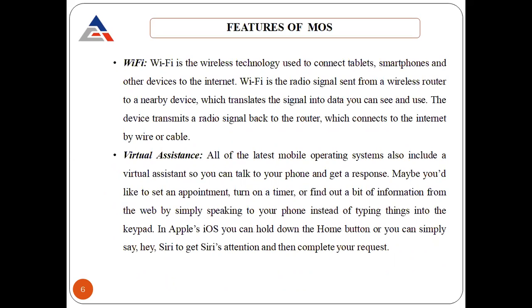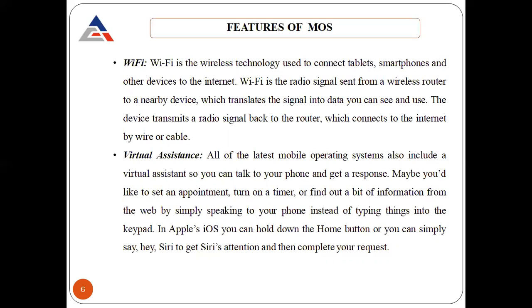Wi-Fi is the wireless technology used to connect tablets, smartphones, and other devices to the internet. Wi-Fi uses radio signals sent from the wireless router to nearby devices, which translate the signal into data you can see and use.